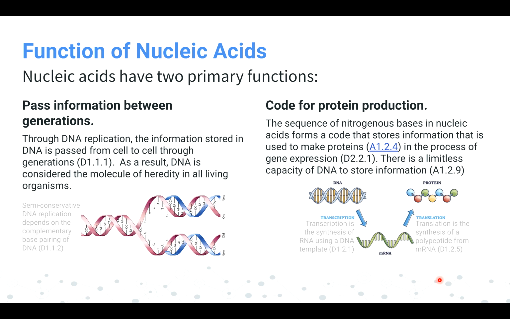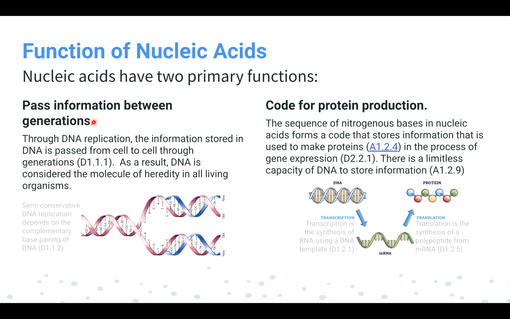that there is a series of reactions. We'll talk about the reactions later on. Before that, we'll try to understand the function of the nucleic acid, what they are doing, what is the purpose. So majorly they have two primary functions. The first function is to pass the information from one generation to the next generation, so that the flow of information should be unique.